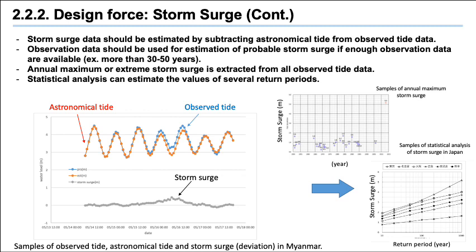Observation data should be used for estimation of probable storm surge if enough observation data are available, and annual maximum or extreme storm surge should be extracted from all observed tide data. After that, statistical analysis can estimate the values of several return periods, such as 50 years or 100 years.